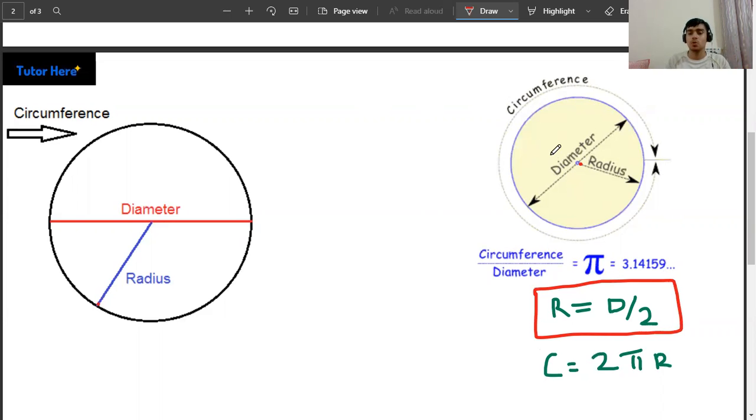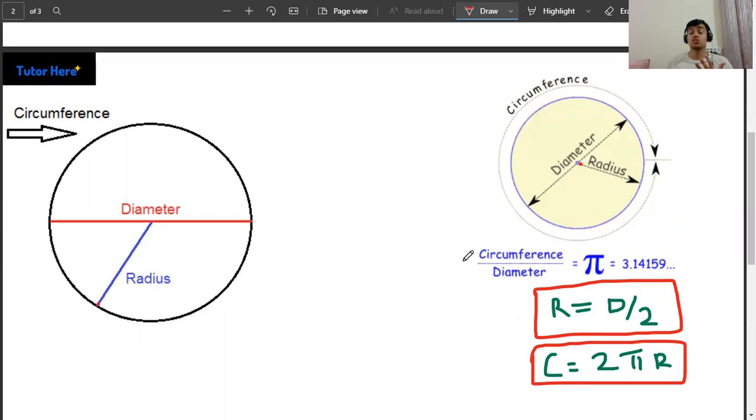What we also calculated and intuitively understood was, what is the circumference? The circumference was the length of the outer boundary of the circle. And we calculated that using this formula right here, which is circumference is equal to 2 pi r. This formula can also be written as pi d because twice the radius is equal to the diameter.